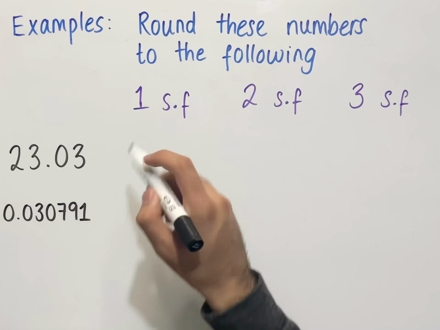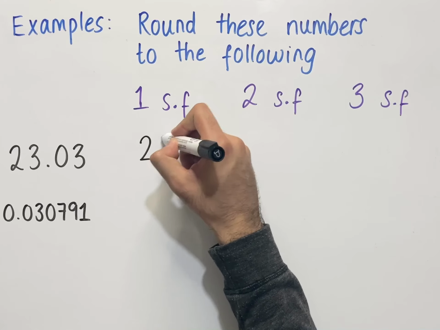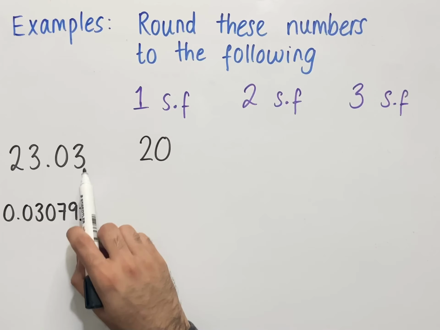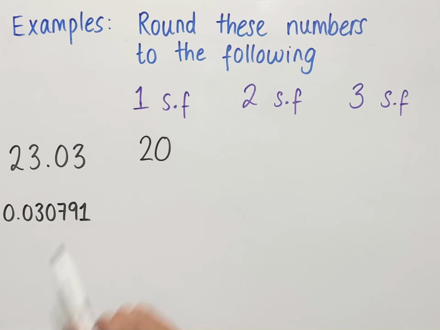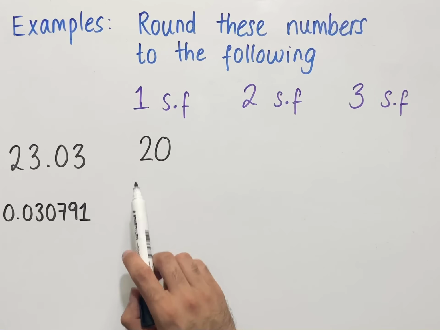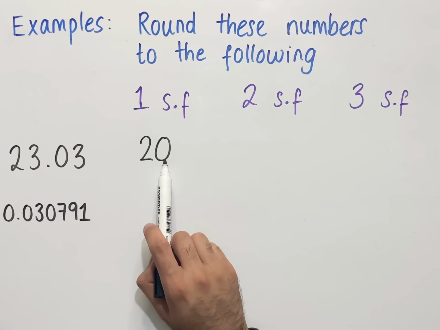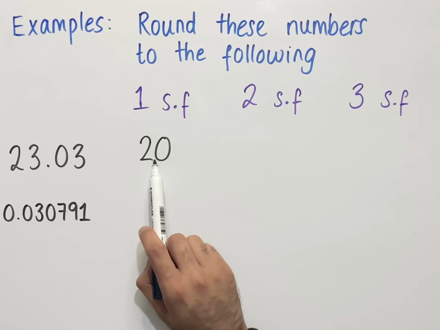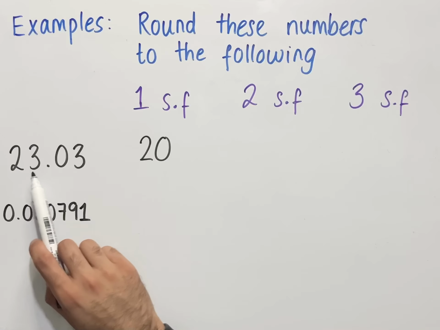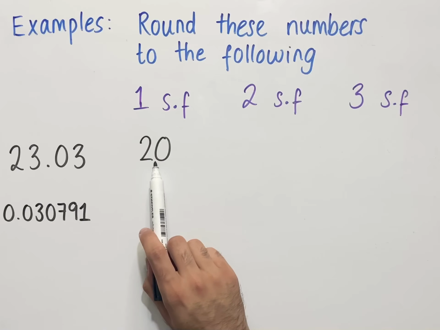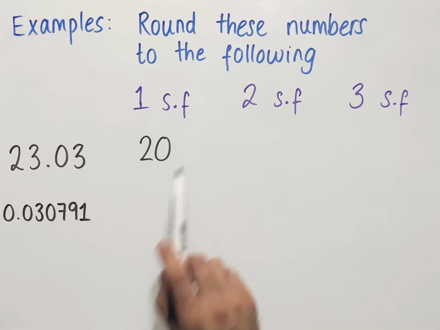So this now becomes 20, and so 23.03 to one significant figure is 20. We can also see that the significant figure here is 2. The trailing 0 here on the end is not significant, since there's no decimal point, and so this number is indeed rounded to one significant figure in the following way.